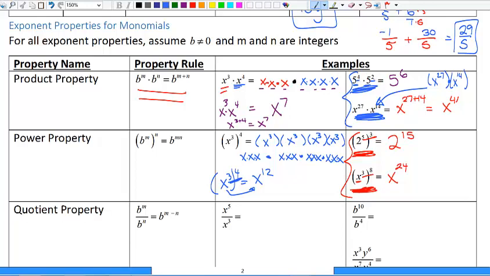Notice that the 4 and the 2 on this first example are kind of far away from each other, which means that you're going to add. They have a base in between them. Whereas down here, we had one base and two exponents. So when you have one base and two exponents, you multiply. If you have two bases and two exponents, that's when you add. So that's the biggest difference between the power and product properties.